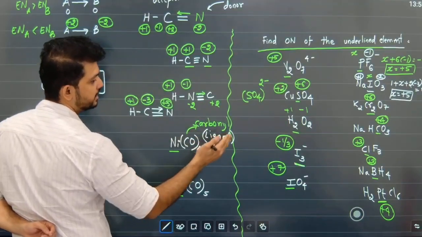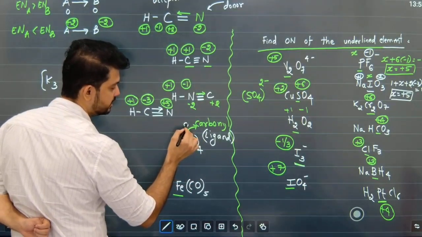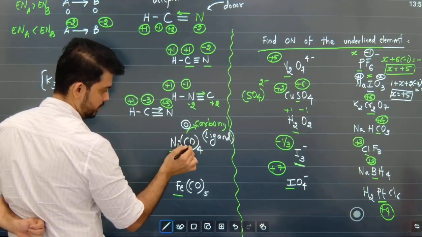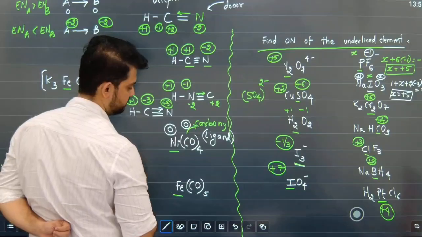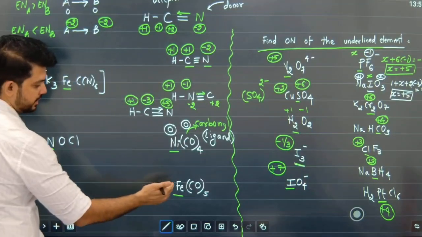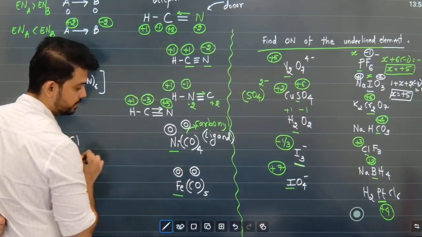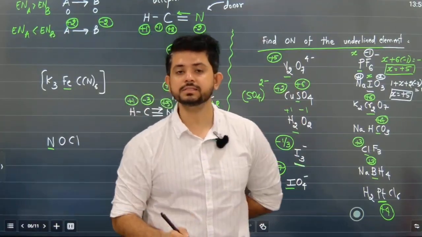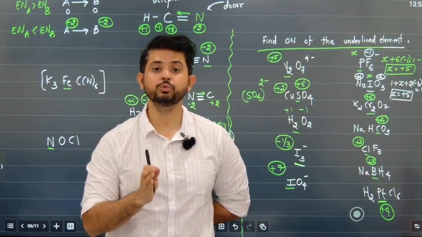I repeat, it's a ligand. Charge on carbonyl is 0, so 0 into 4, तो निकल पे भी यहाँ पे 0 चार्ज होगा. Similarly in Fe(CO)5, CO पे charge is 0, nickel is also 0. Actually students, D block elements can show 0 oxidation state when they are bonded to such neutral ligands.